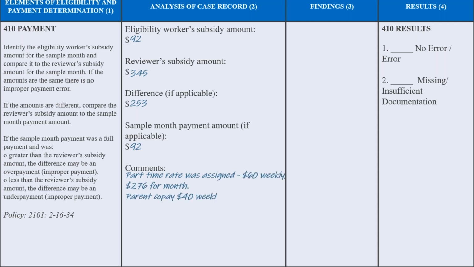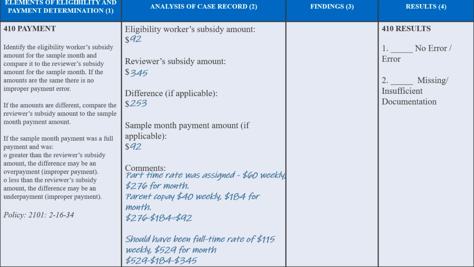All right, so I have a whole bunch of things here in the comment section. I'm not going to go through every single thing here, but the gist of it is that I've included the calculation for extrapolating the weekly rate to the monthly rate, extrapolating the weekly copay to the monthly copay, and then determining what the difference between the eligibility worker's subsidy amount and the reviewer's subsidy amount is.